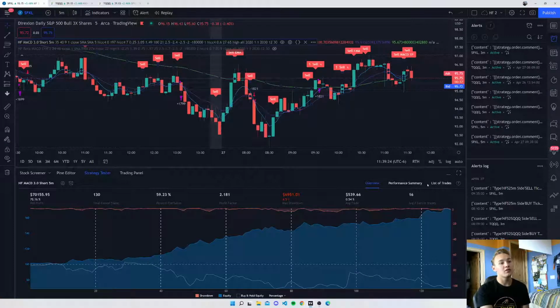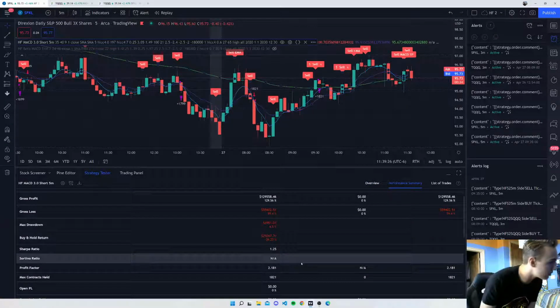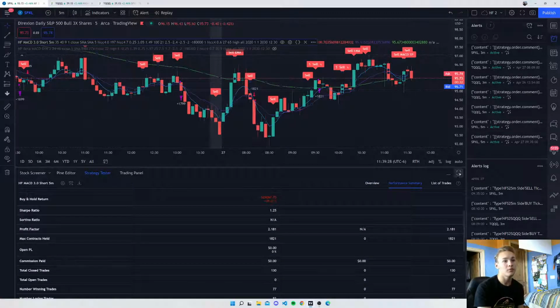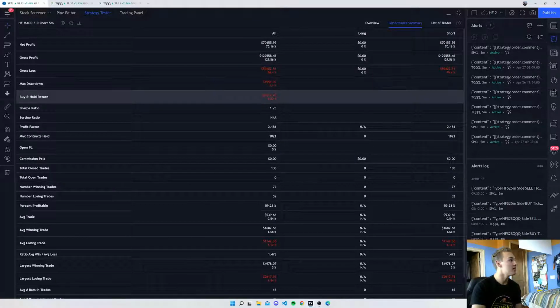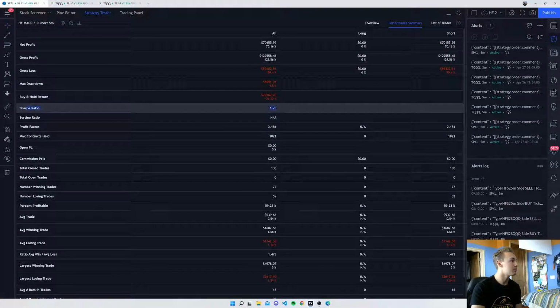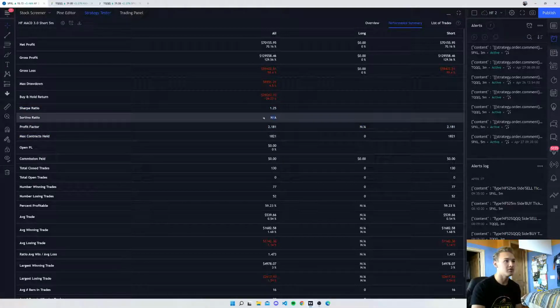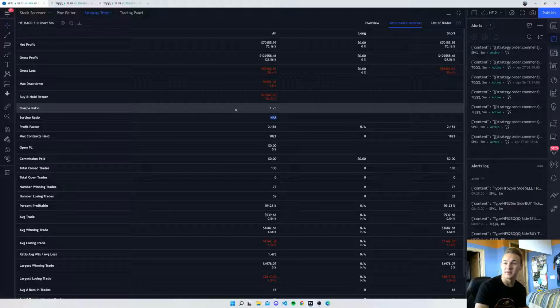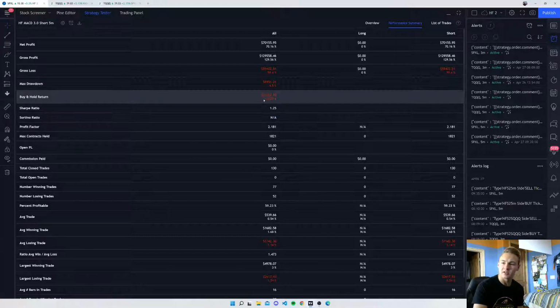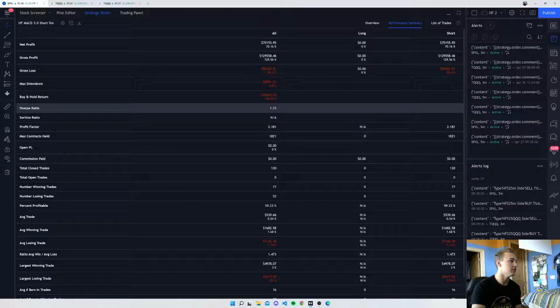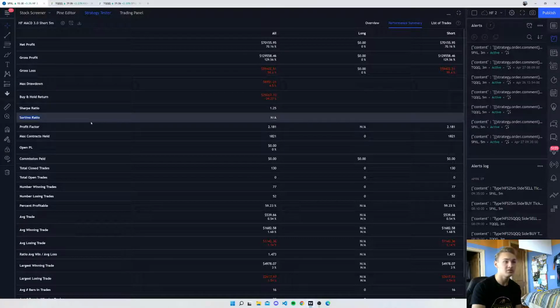All right. Another thing is using this performance summary over here. If we look at it, we can see the Sharpe ratio right here. This Sortino ratio I don't really like, because nothing is very clear in the documentation of the Sortino ratio.